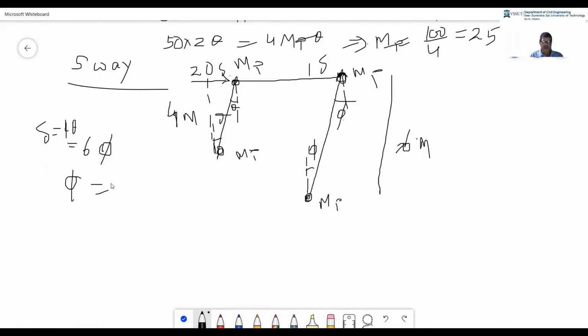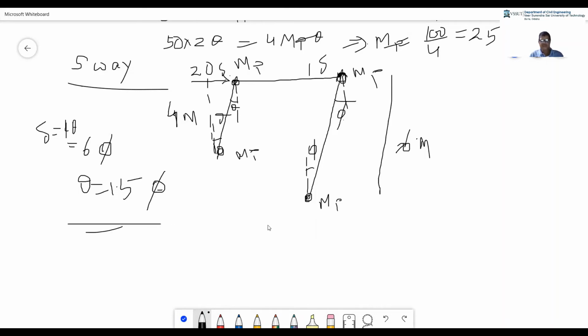Phi is equal to 1.5 theta. This is the relationship.